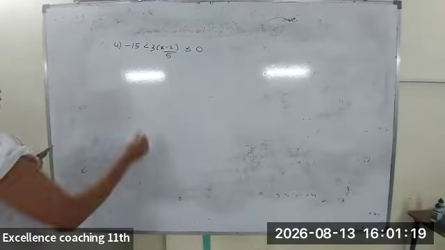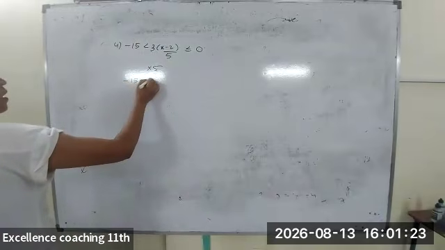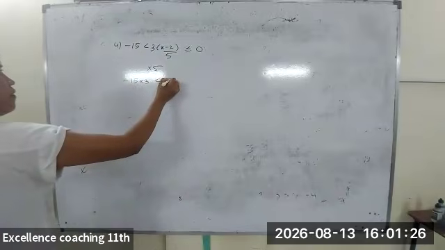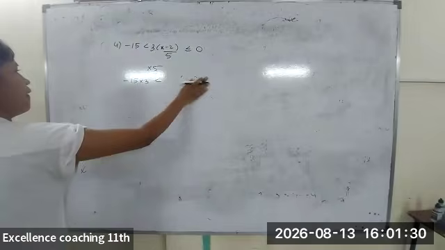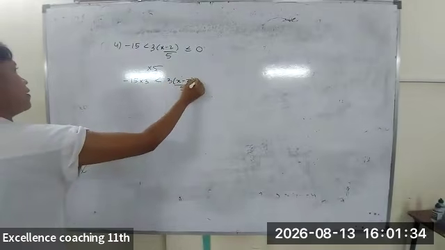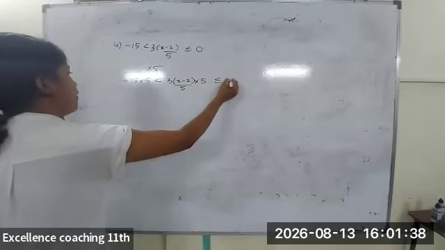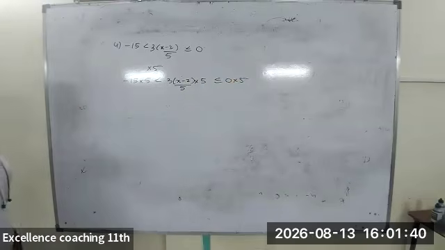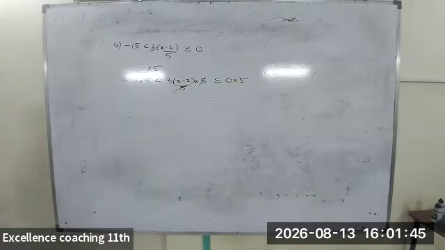Either you can divide throughout by 3 or you can first multiply throughout by 5. Or first you could open up the bracket also, then also you could have done.